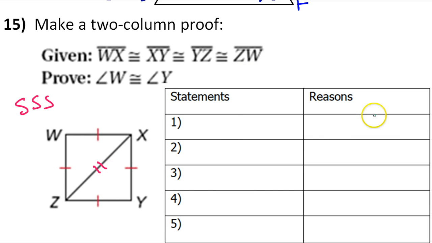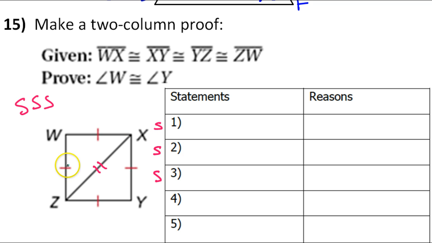So we're going to make our 2-column proof, statements, reasons, and if I know I'm going to prove the triangles congruent by side, side, side, I like to organize my work to break it down as side, side, side, one on each line. You could probably get away with combining all the given into one, but this helps me make sure I don't miss anything. So I'm going to do it this way.